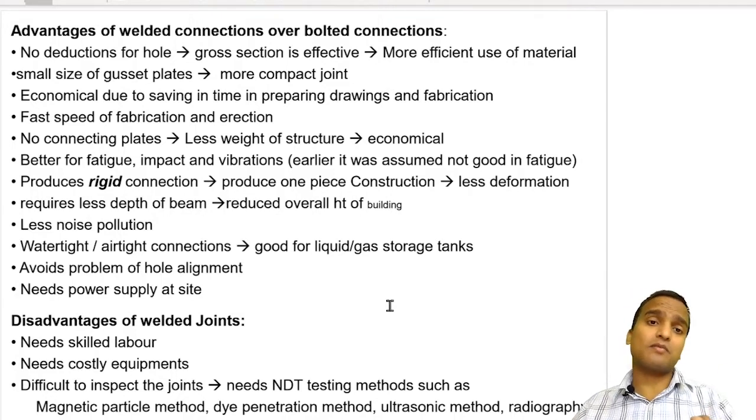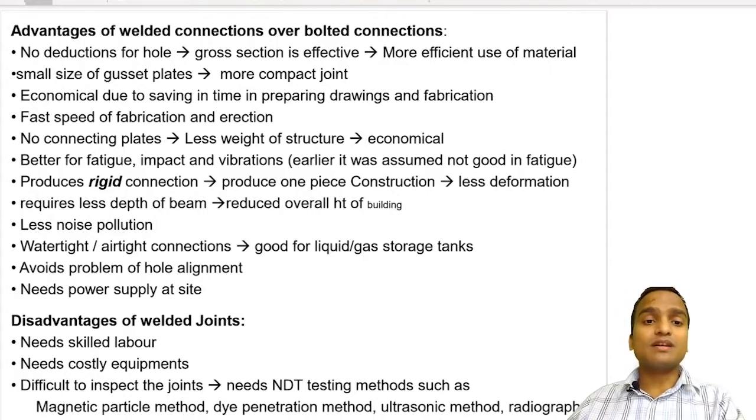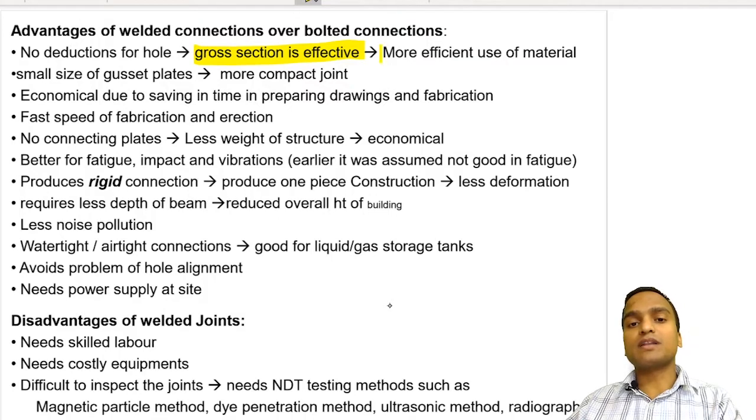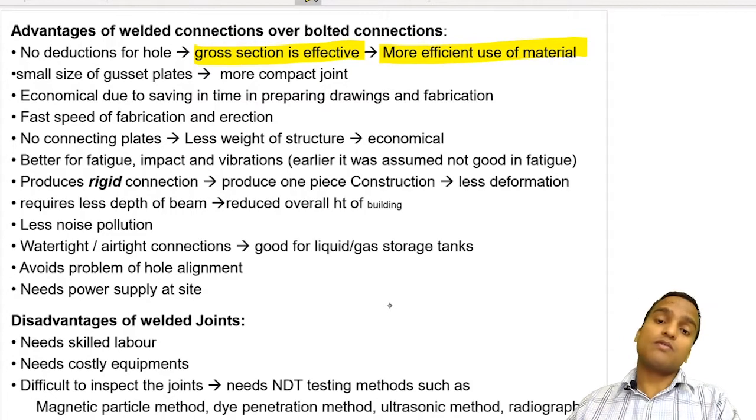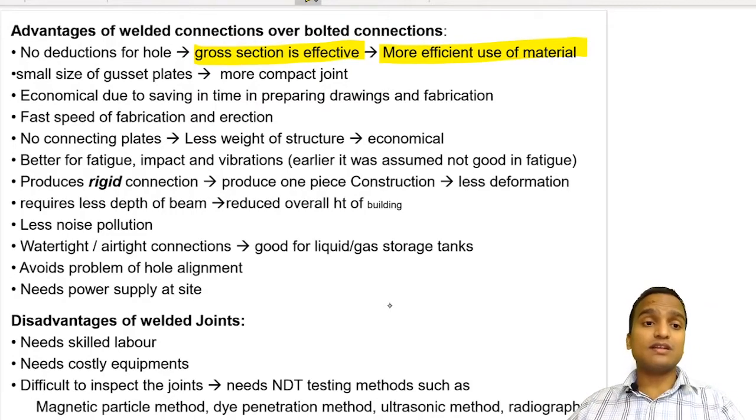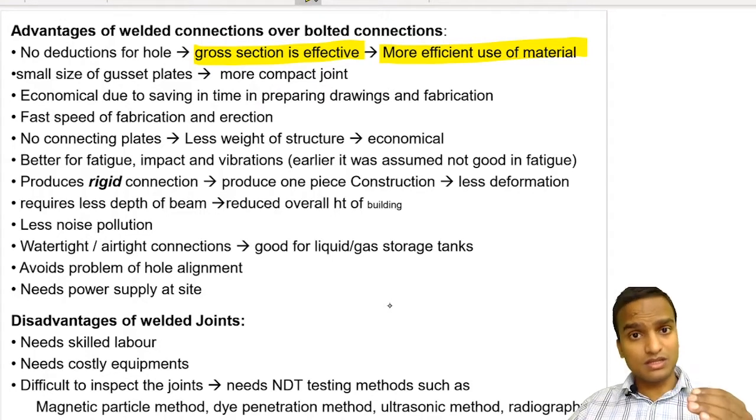The very first advantage is that there is no worry of drilling or punching of holes. In a welded connection there is no deduction for holes and the cross section remains effective. So in this type of connection we use the material efficiently, and when the material is used efficiently, of course the efficiency of the joint also increases.